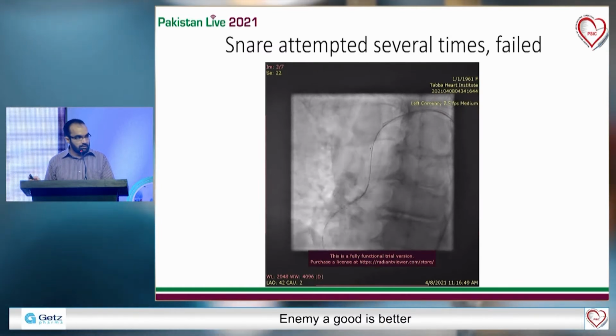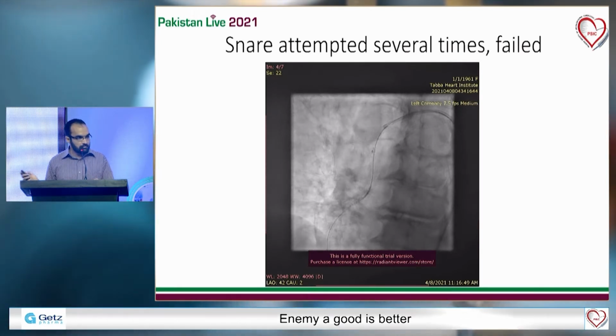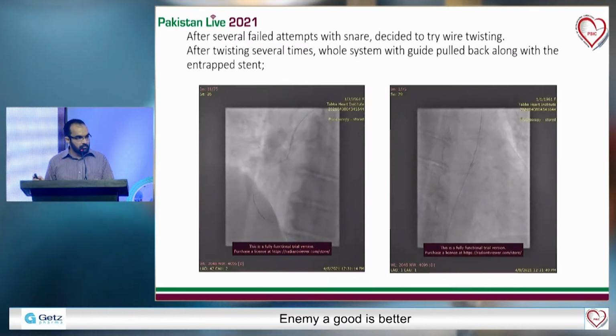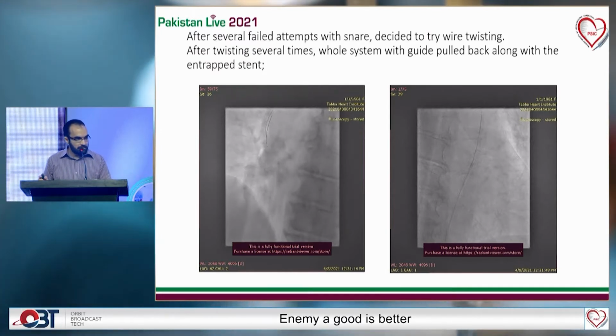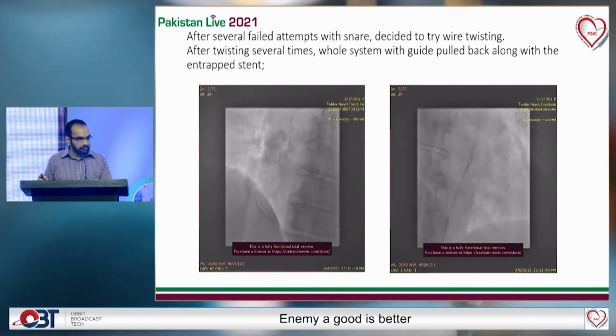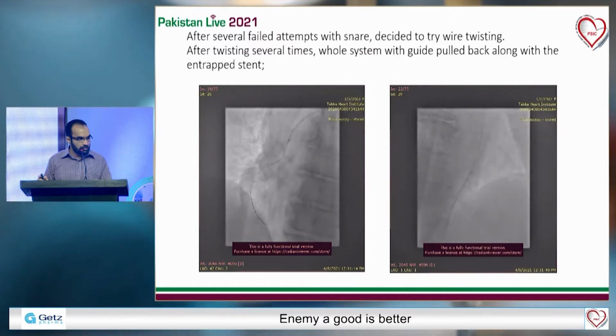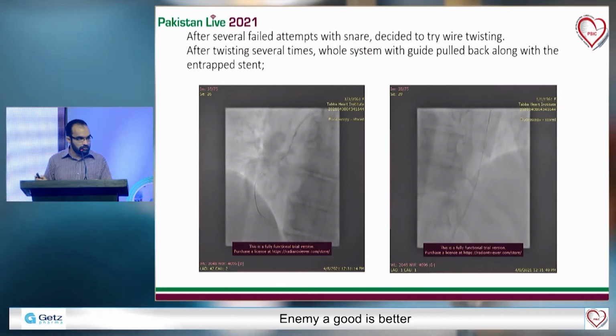Snare was attempted several times to retrieve the dislodged stent, but it failed. After several failed attempts, we decided to try wire twisting, and after twisting the wire, the whole assembly was pulled back along with the stent.